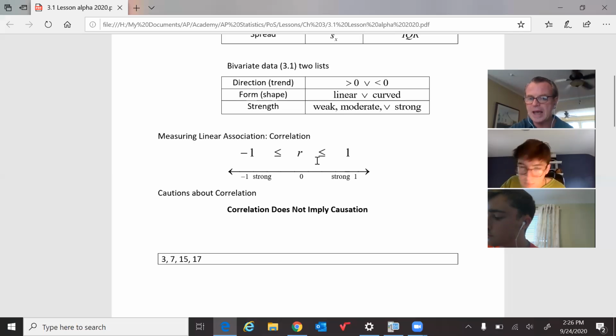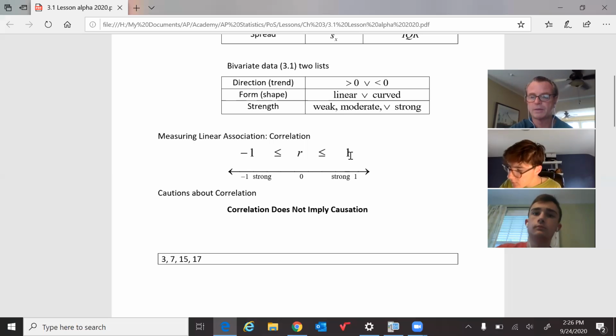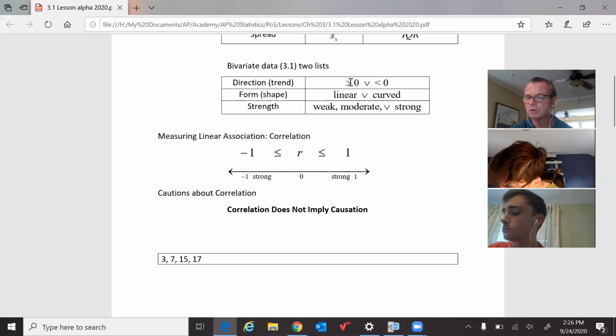The SIGN of R has nothing to do with the strength. The closer you are to 1 or -1, the stronger your correlation is. The SIGN of R only identifies the direction, whether the graph is going down or going up, whether the slope is positive or negative.